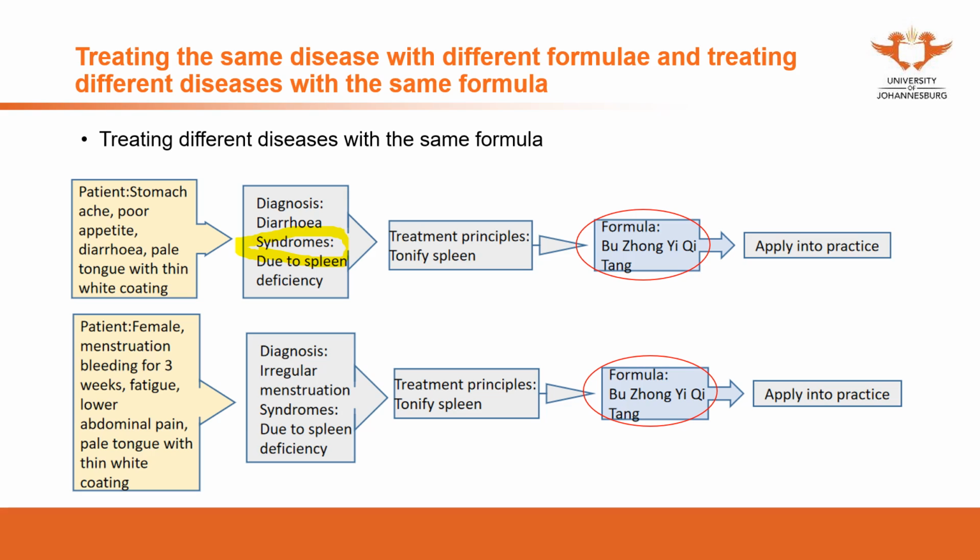They will use very similar or even mostly the same tablets for the same disease. This will not happen in Chinese medicine, or more precisely, it's not common in Chinese medicine. We will base on the syndrome.